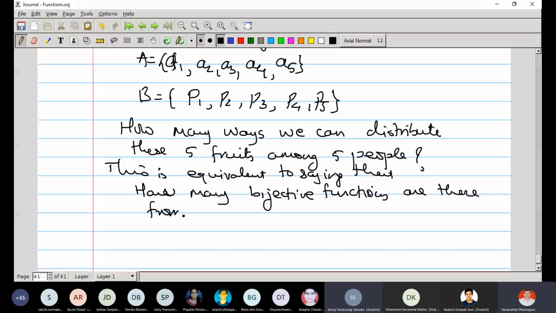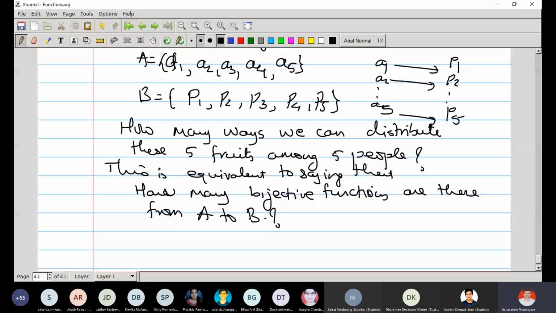Because the question is equivalent to how many ways we can assign A1, A2, up to A5 to P1, P2, up to P5. Suppose I give the first fruit to the first person, second to the second person, and fifth to the fifth person. This is one way. What is another way? I give the first fruit to the second person, the second fruit to the third person, the fourth fruit to the fourth person, and the fifth fruit to the first person. This is a bijective function. Do you understand?